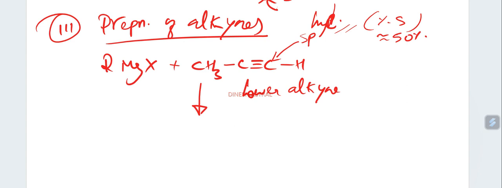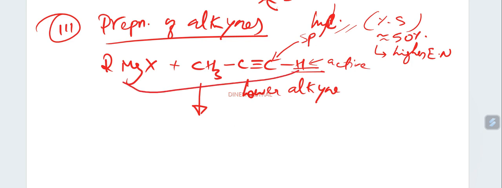So due to high s percentage, this one has higher electronegative character than sp2 and sp3 carbon. That means this hydrogen is active hydrogen.